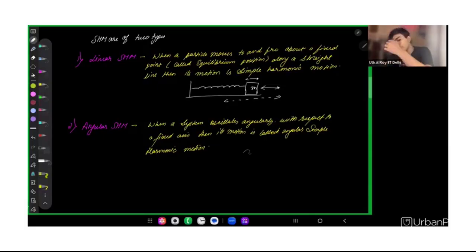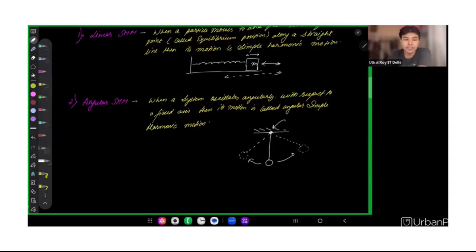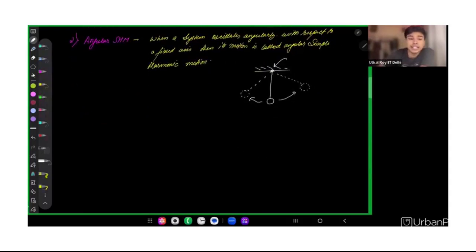Example, the motion of a bob of a simple pendulum. If you take a simple pendulum, it can go in this direction and in that direction, to and fro angularly with respect to a fixed axis. This is angular SHM.